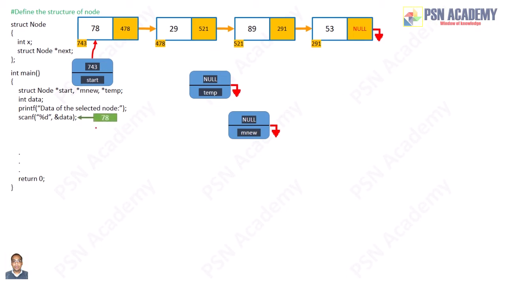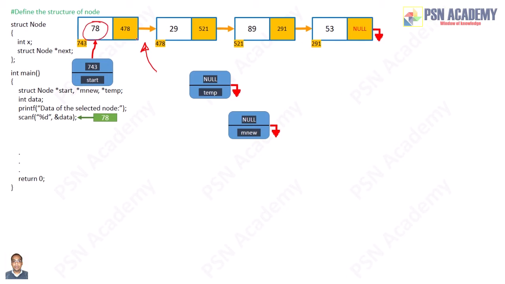Now suppose the user enters the number 78 inside the data variable. This indicates that the new node will be inserted here because 78 appears in this node.